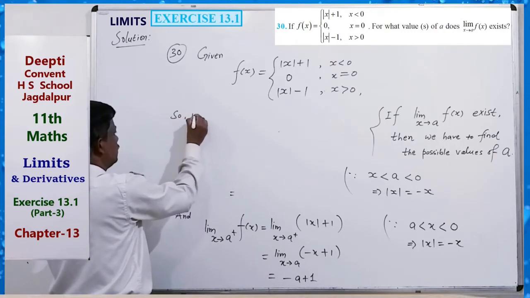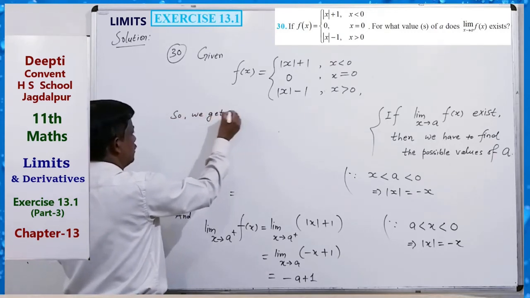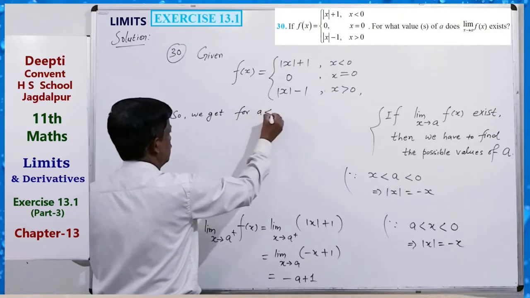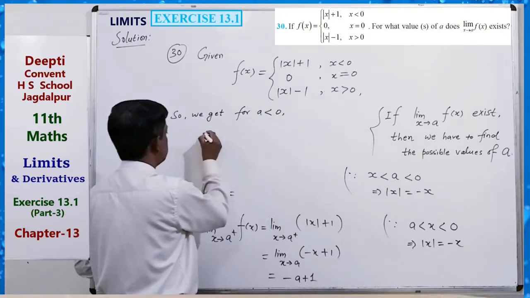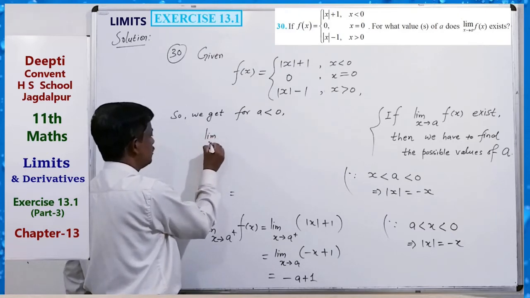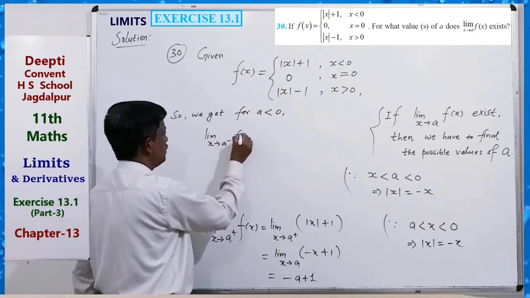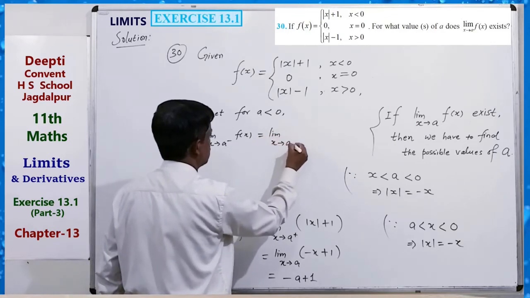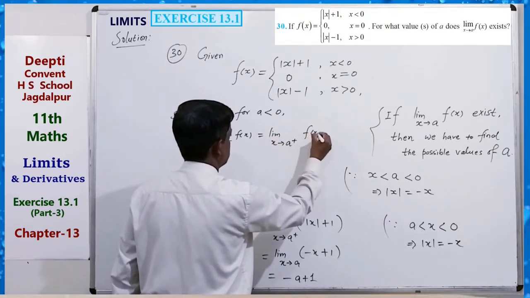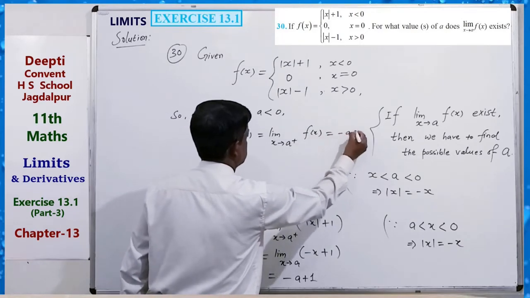So we get, for a less than 0, left hand limit and right hand limit equal to minus a plus 1.